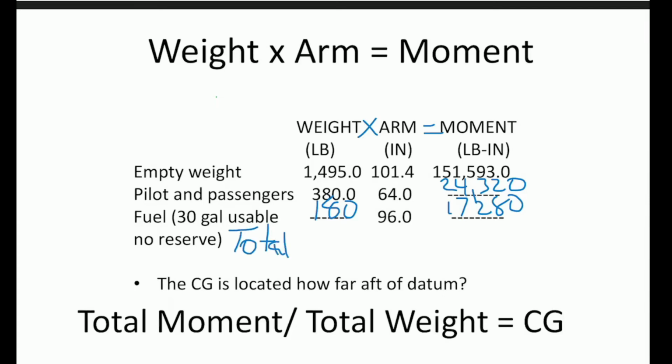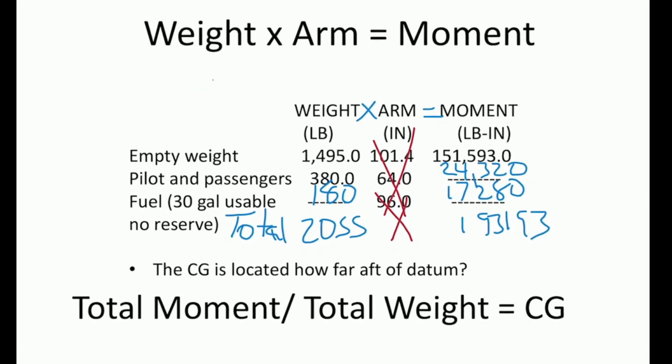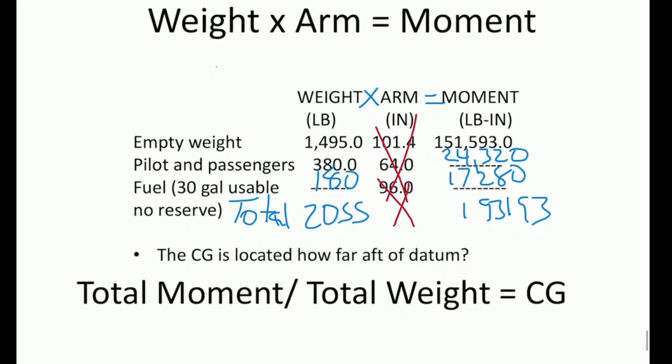So now we need to know our totals. The total weight is 2055. The total moment is 193,193. Remember, do not add the arms. Now, in order to figure out the CG, total moment over total weight.